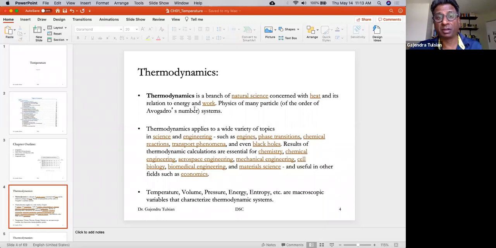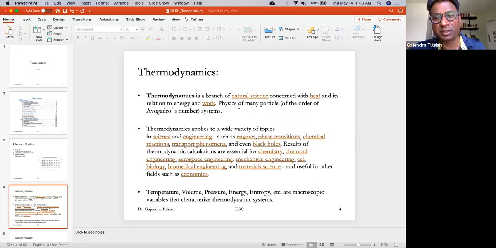Thermodynamics, the laws of thermodynamics apply to many particle systems. What that means is if you have 1 or 2 particles, you cannot apply the laws of thermodynamics. Even 100 particles, you do not apply the laws of thermodynamics.